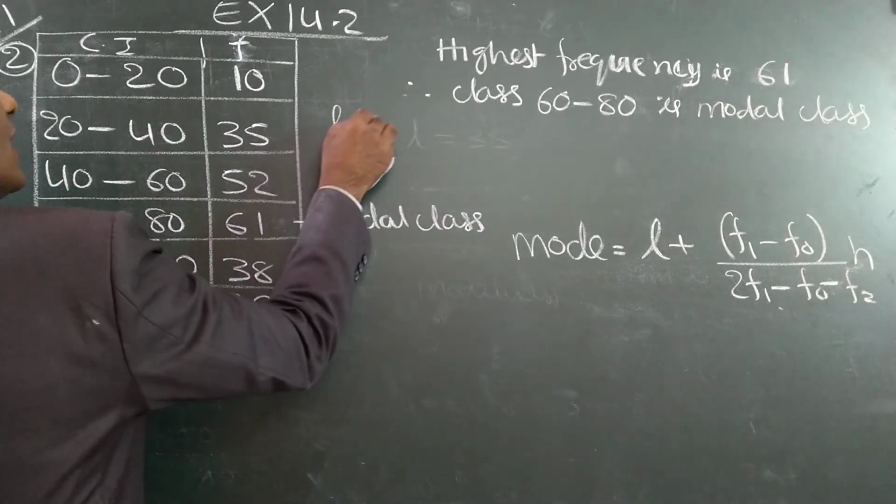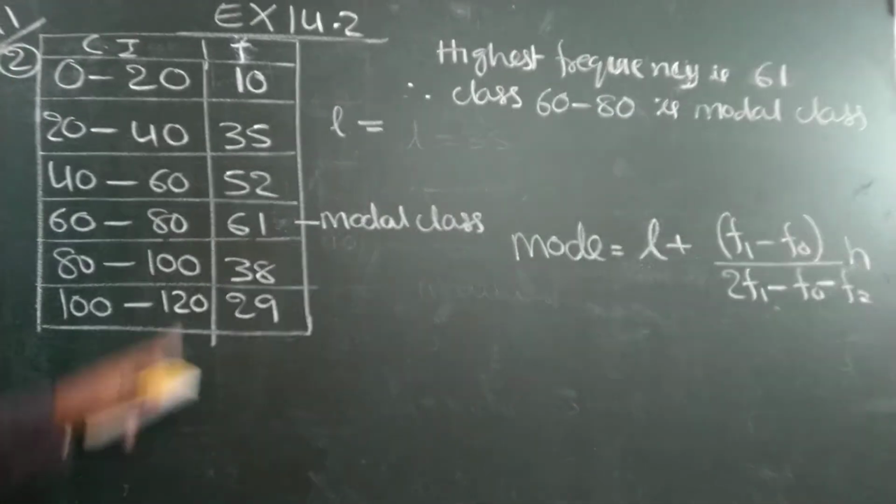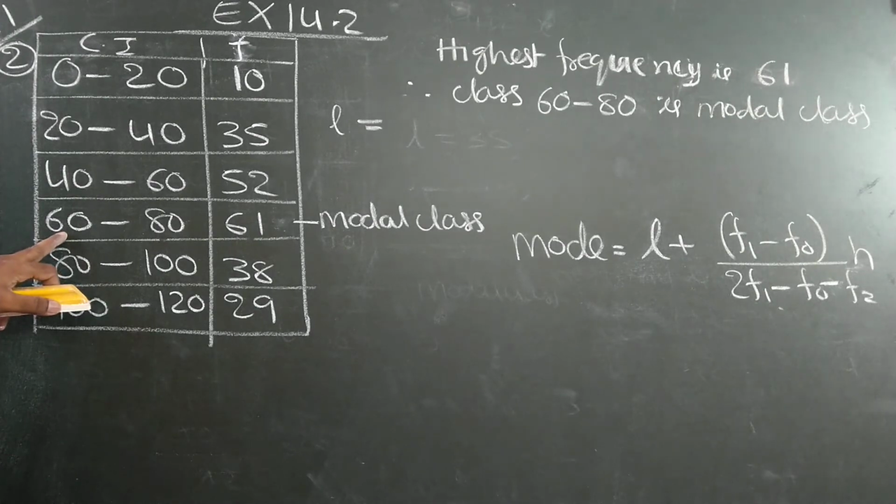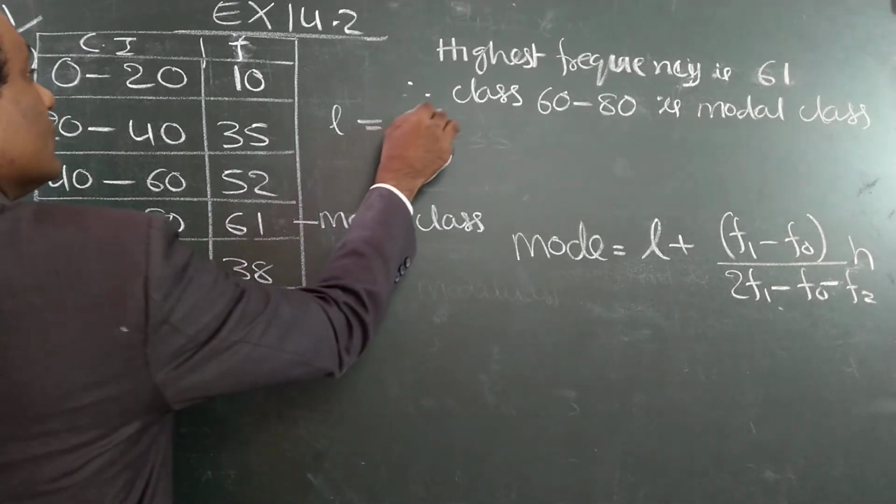What is L? Don't write. L is the lower boundary of the modal class, 60.